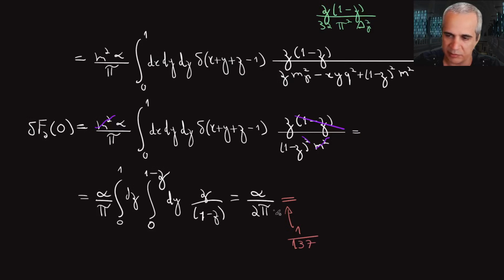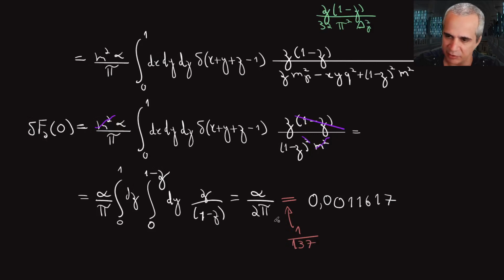Which is an approximate value for alpha. Then this value, I just divide that by 2 pi, will be 0.00111617, right?